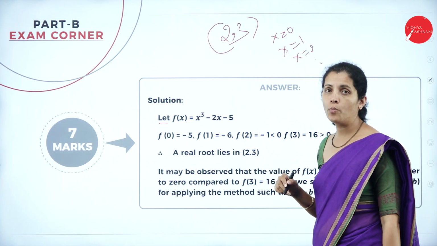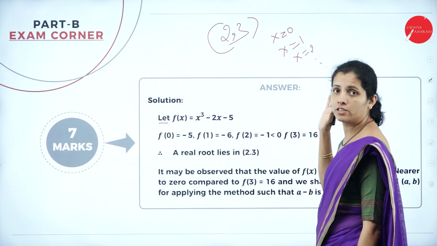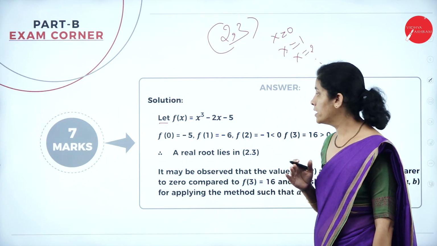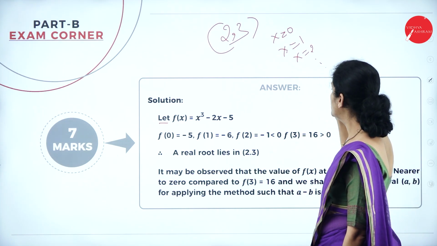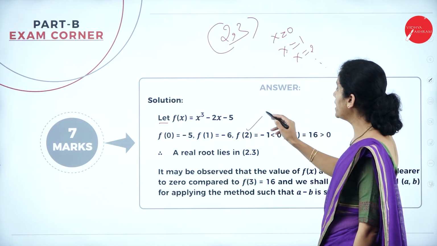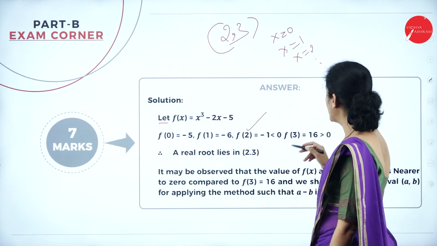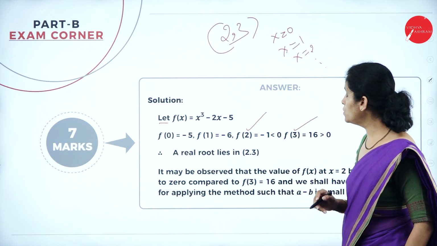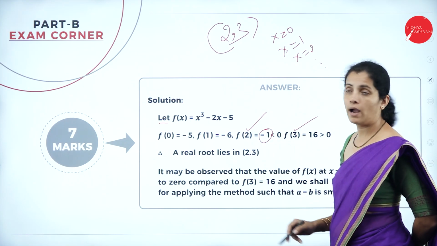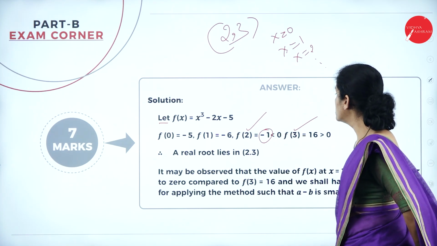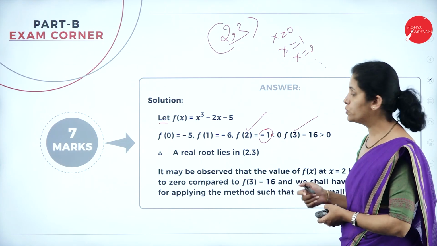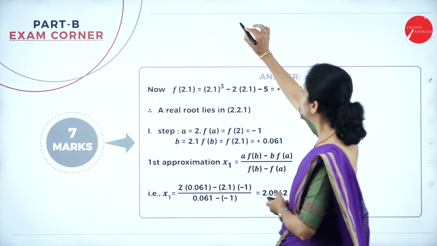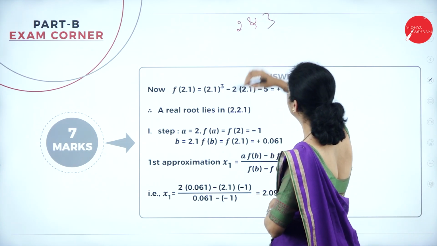I stop when I get alternate signs, positive and negative values. When x = 2, I am getting a negative value, and when x = 3, I am getting a positive value. Therefore, the root lies between 2 and 3.